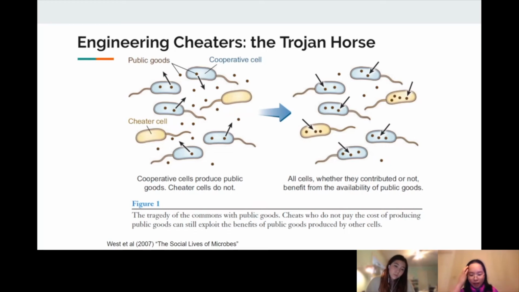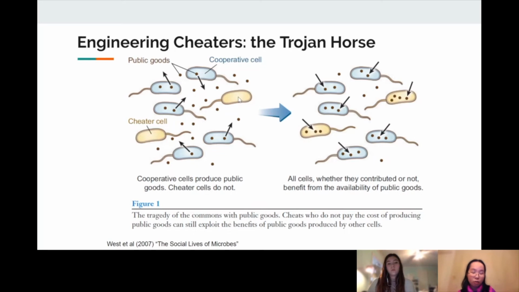So now let's say it's an antibiotic resistance problem. All of these normally cooperative cells are resistant to antibiotics, but the cheater cells you engineer are not resistant to antibiotics, but the cooperative cells don't know that. You increase the stress on the environment, the programmed cell death occurs, the cooperative cells kill themselves off, releasing the public goods, and only the cheaters remain.